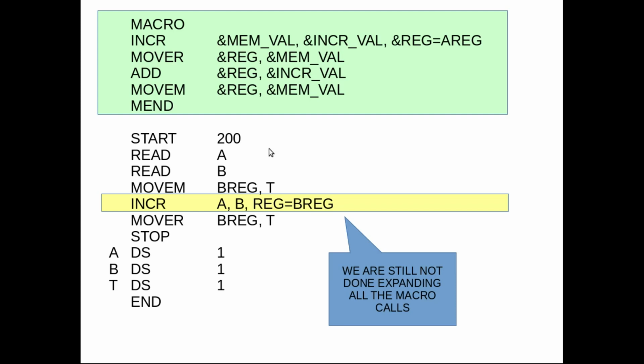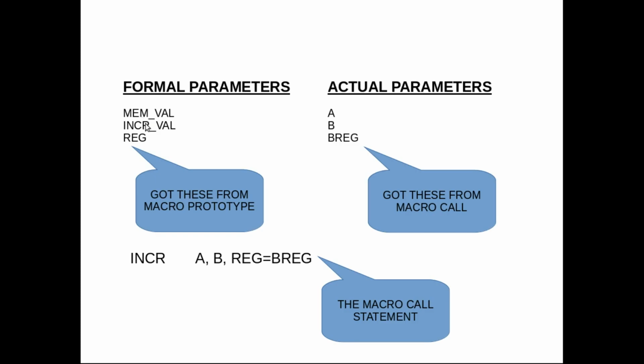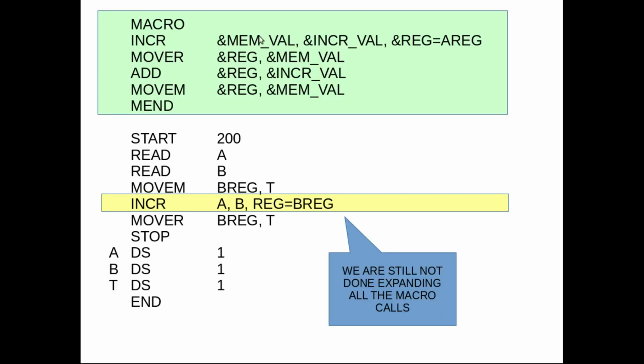So what are the formal parameters here? We have three formal parameters: memory value, increment value, and register. And then we have three actual parameters: A, B, and B register. And if you note the macro prototype statement, the first two are positional parameters and the last one is a keyword parameter.